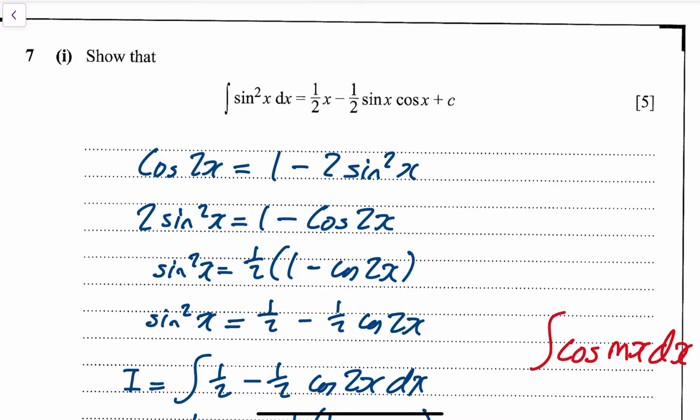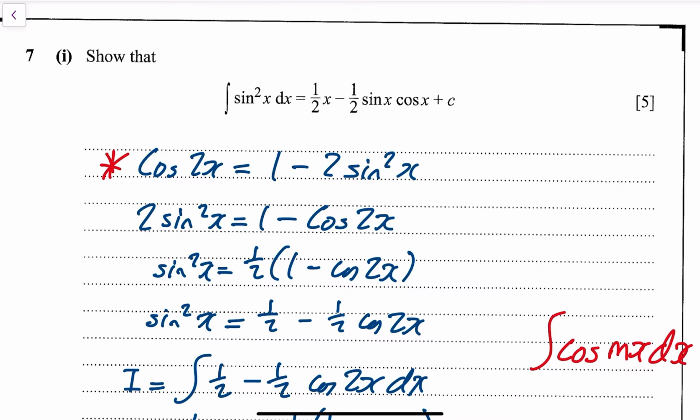So to do this, to integrate even powers of sine or cos, you're using the double angle formula for cos. Now the double angle formula for cos, which involves sine, is this boy over here. So cos of 2x equals 1 minus 2 sine squared x. Rearrange that, switch the minus 2 sine squared x and the cos 2x around.